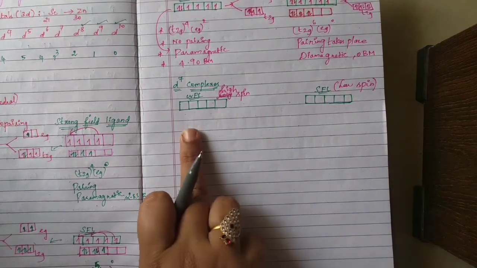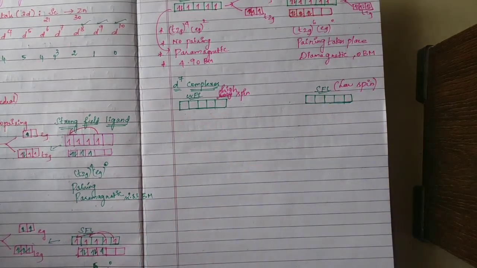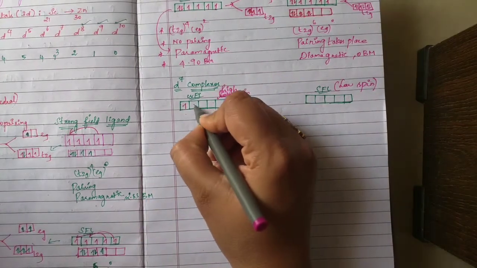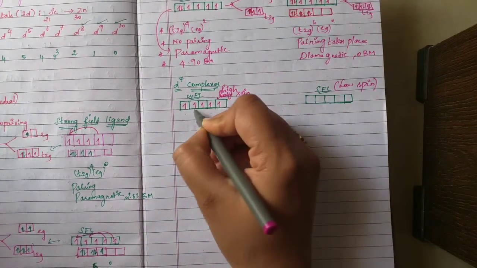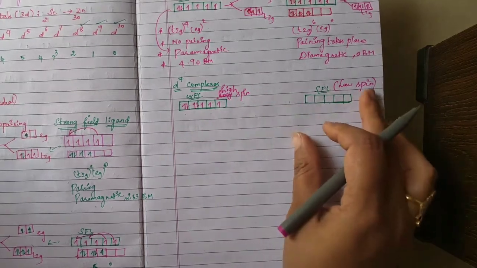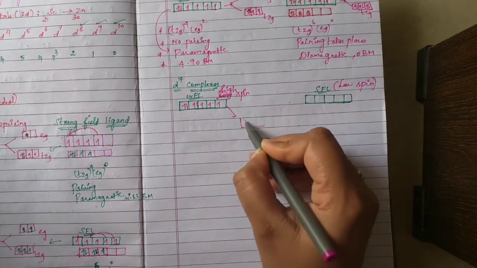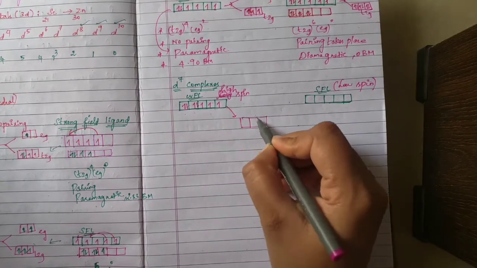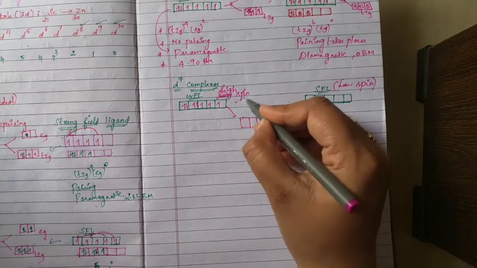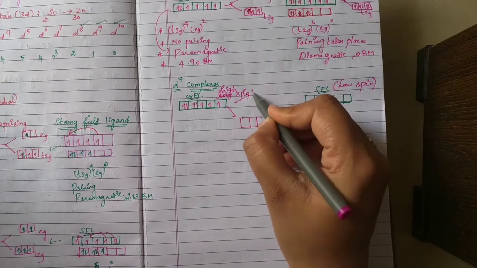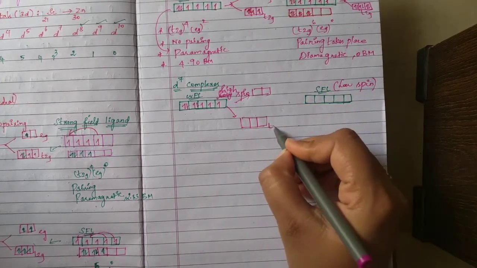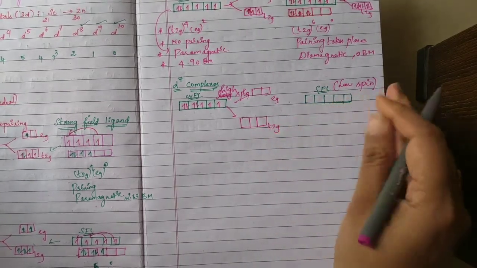Okay, students, see here for d7 complex. So first fill the electrons 1, 2, 3, 4, 5, 6, 7. Okay, students, so here in the degenerate level, 7 electrons are there. In the non-degenerate level, t2g eg.